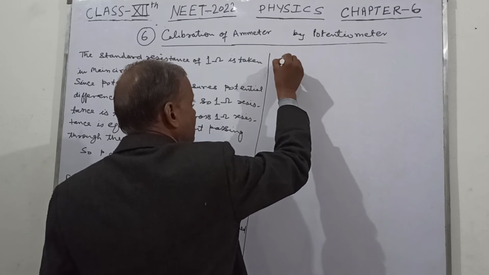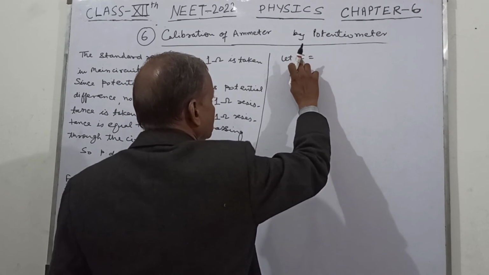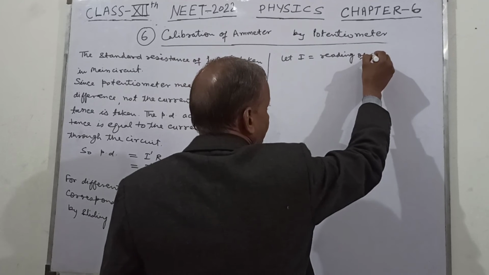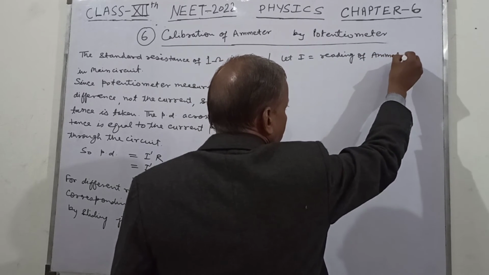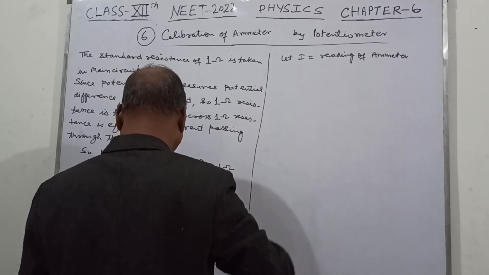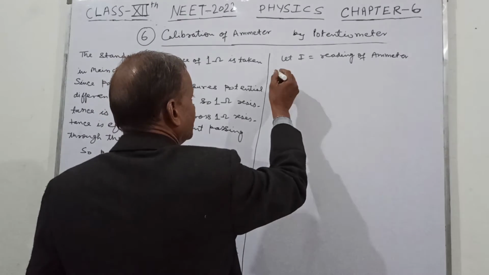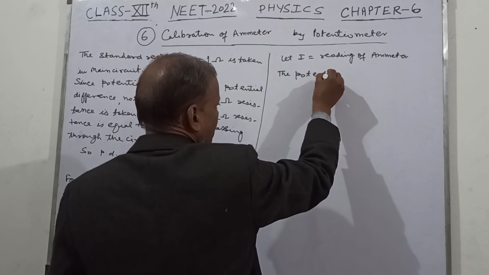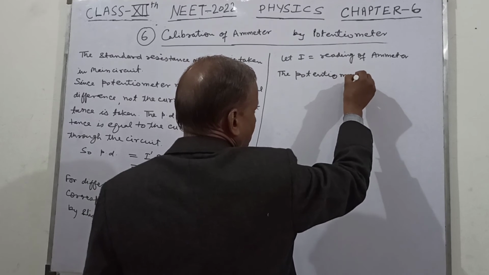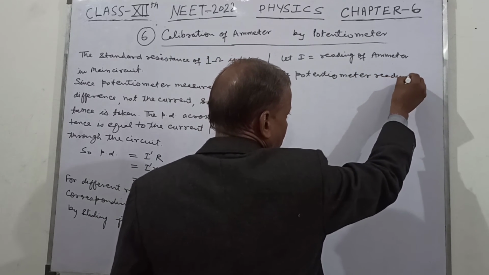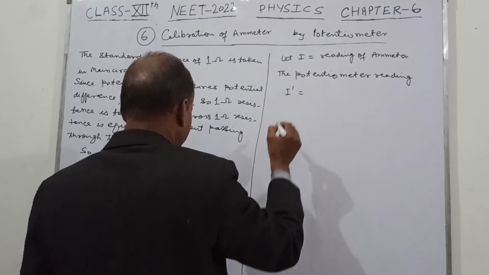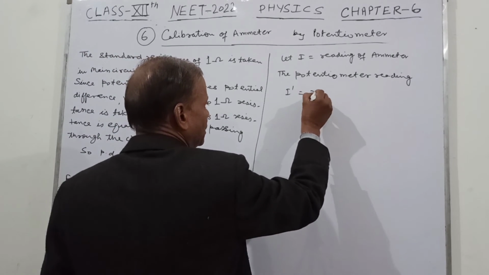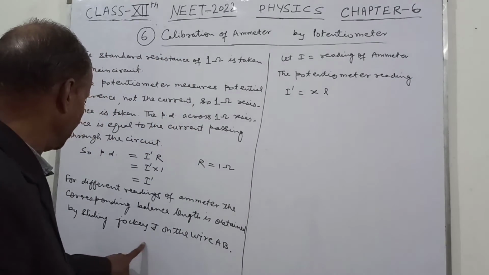So now let I equal to reading of ammeter and the potentiometer reading I dash. This I dash is equal to X into L, where L is the balancing length.